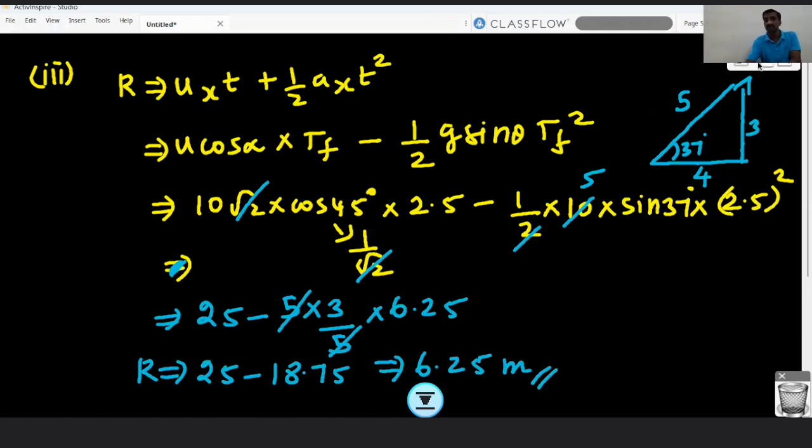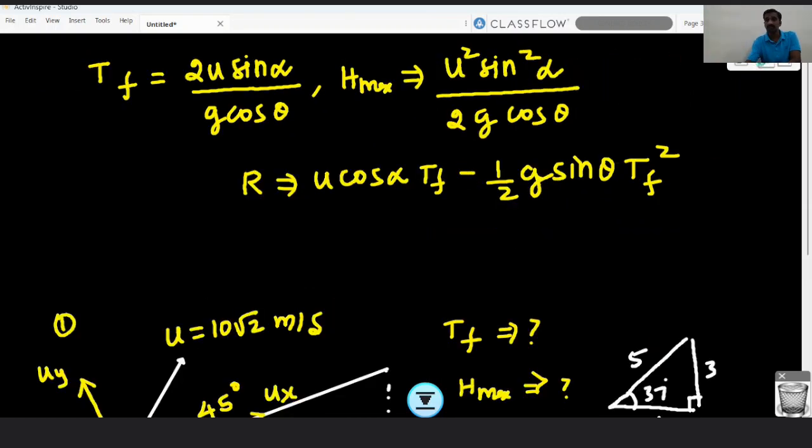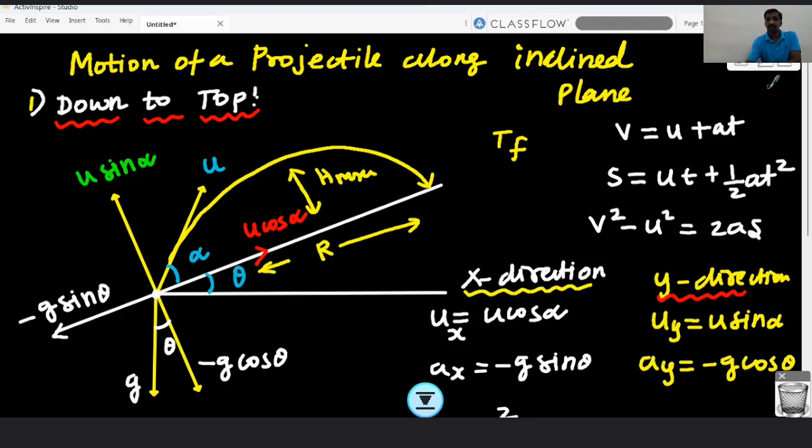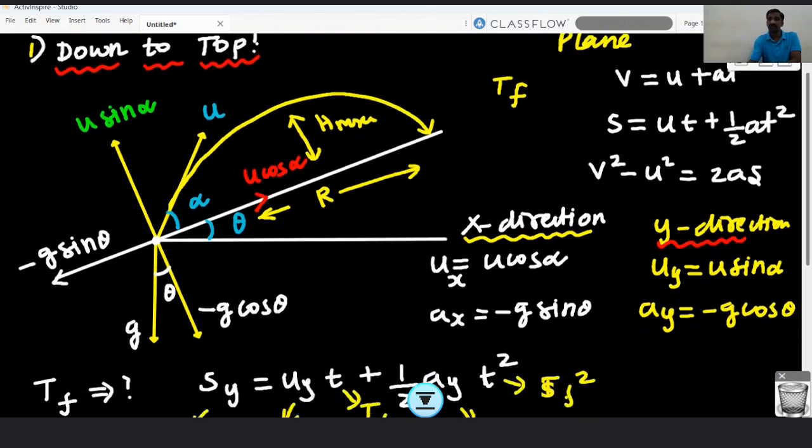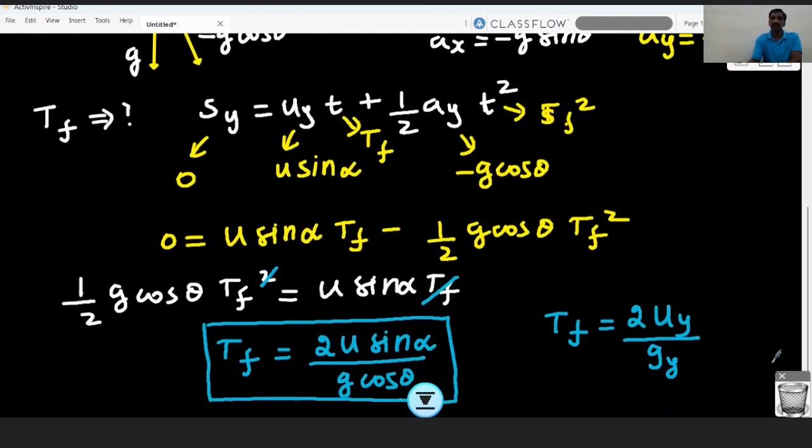Okay, so once again, first we have discussed how to find the time of flight. For time of flight we have used the second equation of motion. We have taken only the vertical components alone. So we have obtained 2u sin alpha by g cos theta.